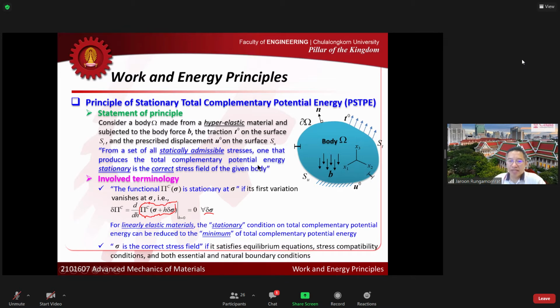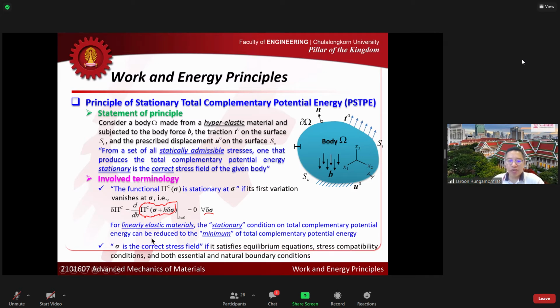Because this principle says that if you look at the set of all statically admissible stress fields, the one that makes pi c stationary is the correct stress field. The one stress sigma that produces pi c stationary is the correct stress field.